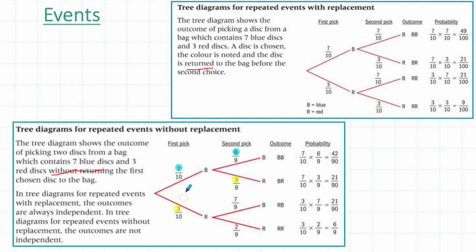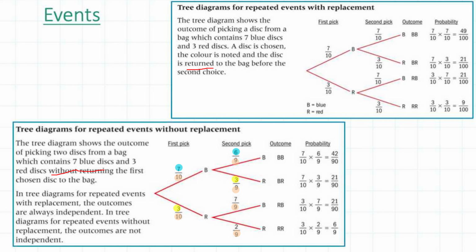In general, you'll notice that the denominator is always decreasing as you go to the next pick because you have one less to pick from. So as I'm going in this path, the blue is decreasing and the red stays the same. In this path, the blue stays the same, but the red decreases.